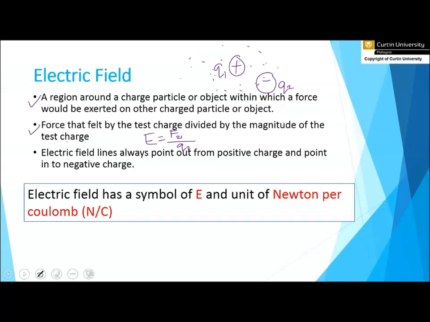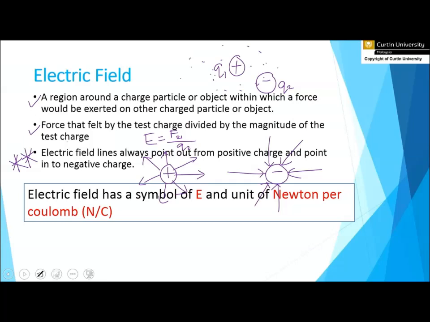And the last one means the electric field line is always pointing outward from a positive charge but inward for a negative charge. This is a very important concept that you need to know for electric field. For a positive charge, your field is always going outwards because you are so positive that you can give away so many things. And if you are a negative charge, then you are always receiving from the others.